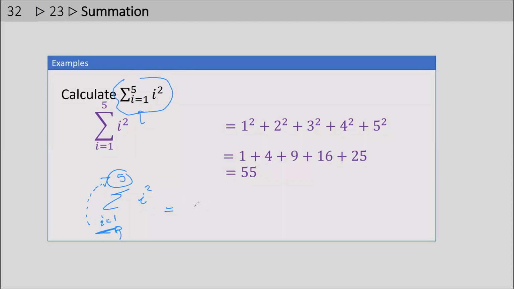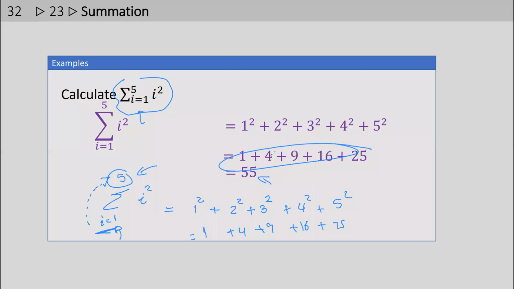So it's 1 square plus 2 square plus 3 square, 4 square, plus 5 square. So here is 1, 4, 9, 16, 25. If you add all of those, you'll get a result, which is 55.